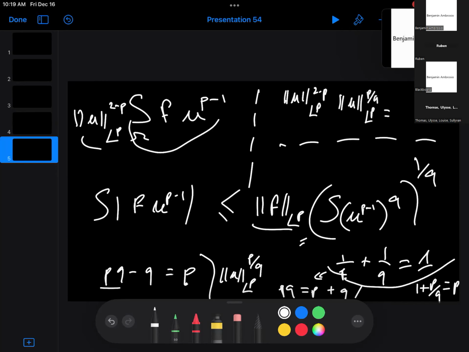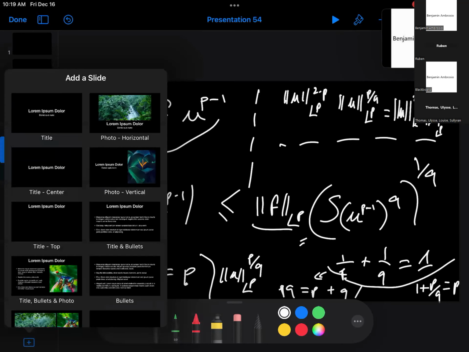So at the end of the day, I got the norm of U in LP to the power 2 minus P times the norm of U in LP to the power P minus 1. So this is good because now 2 minus P plus P minus 1 is just 1, so the norm of U in LP.